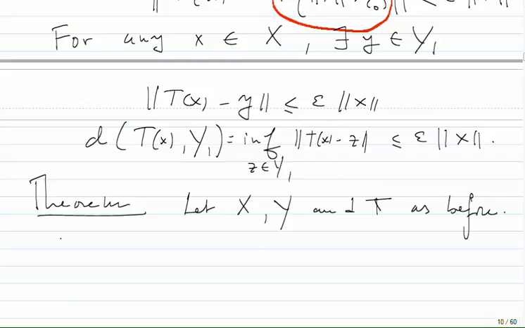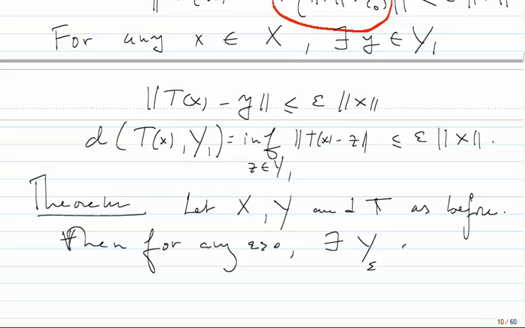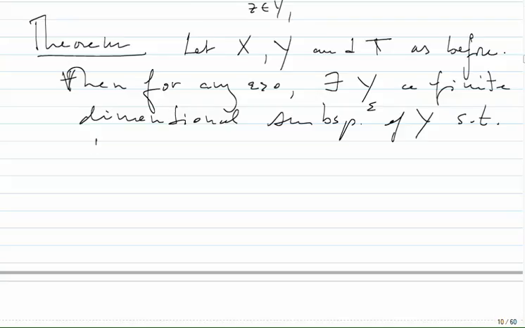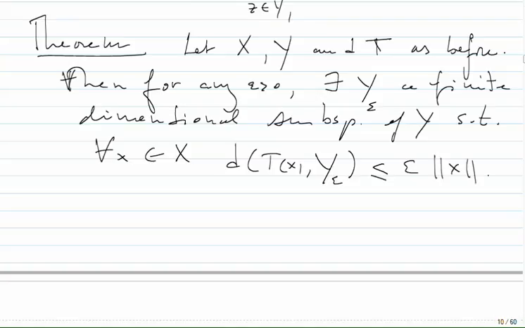Then for any epsilon positive, there exists Y epsilon, a finite dimensional subspace of Y, such that for any x in X, the distance between Tx and Y epsilon is less than epsilon norm of x. So that's property number 2.